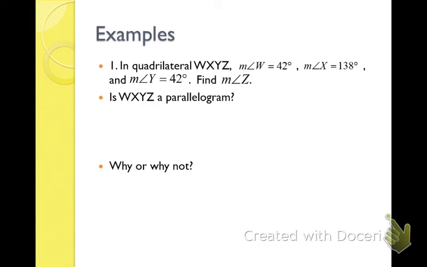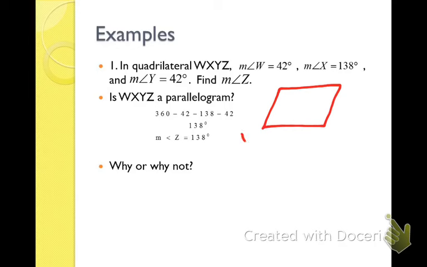So, examples. In a quadrilateral WXYZ, W is 42, X is 138, Y is 42. Find Z. I would draw myself a picture just to help me visualize it. You go around in order, W, X, Y, and Z, and then we label.